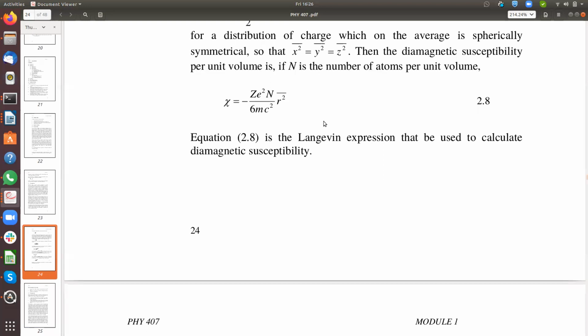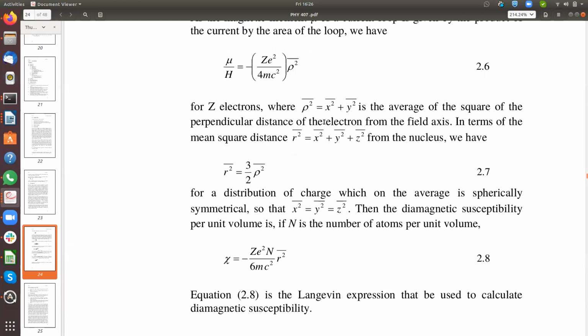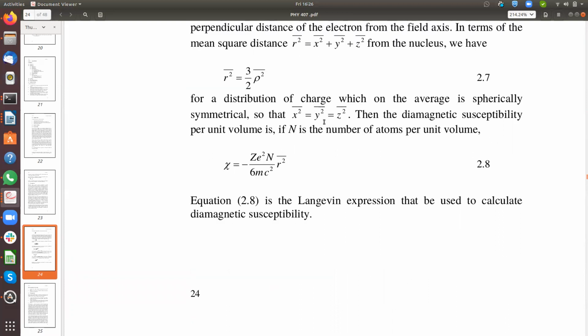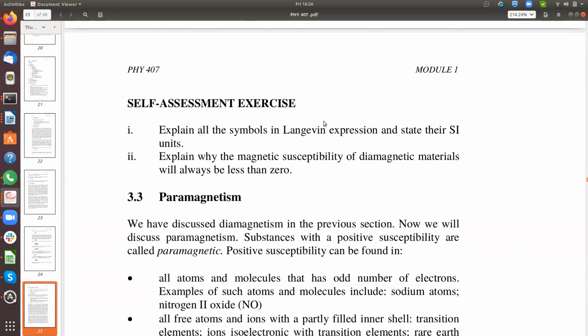If you go through the note very well, Z is the number of electrons, E is the electrical charge, N is the number of atoms per unit volume, R is the distribution distance from the nucleus, M is the mass, and C is the speed of light. These are the things you are expected to state and give the meaning of each of them. The second thing: explain why the magnetic susceptibility of a diamagnetic material will always be less than 0.